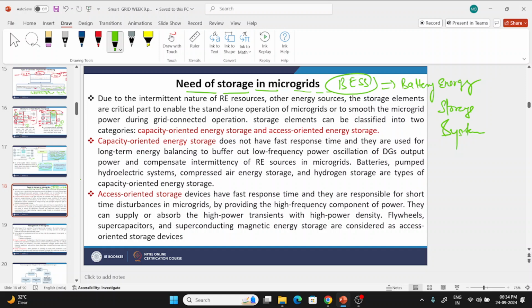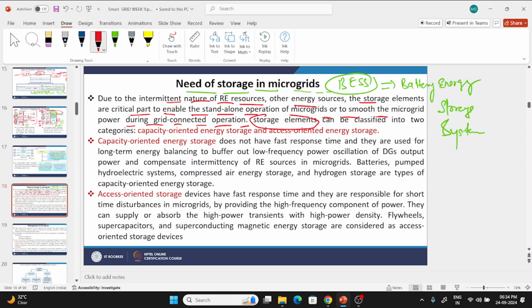The reason we give larger attention to this is that, due to the intermittent nature of renewable energy sources or other sources, the storage elements are a critical part to enable the standalone operation of a microgrid, or to smooth the microgrid power during grid connected operation.